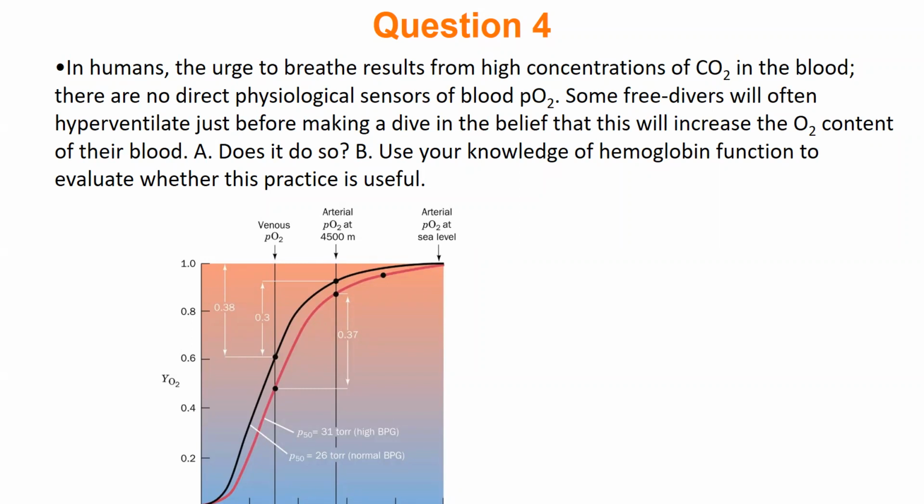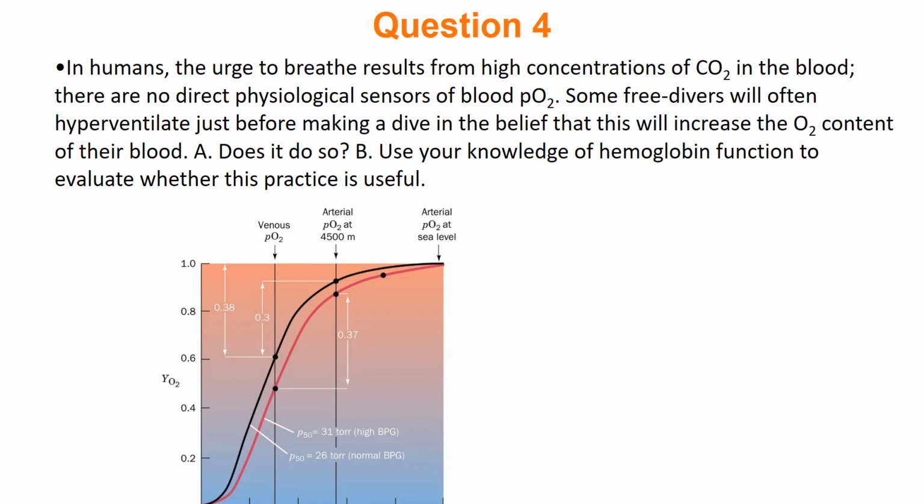Rather, if you were in the water and you didn't hyperventilate, your CO2 would build up while you're underwater, and then the oxygen would be released. That's also one of the reasons why you feel dizzy when you're hyperventilating, is that your blood becomes a little bit acidic and causes that dizziness.